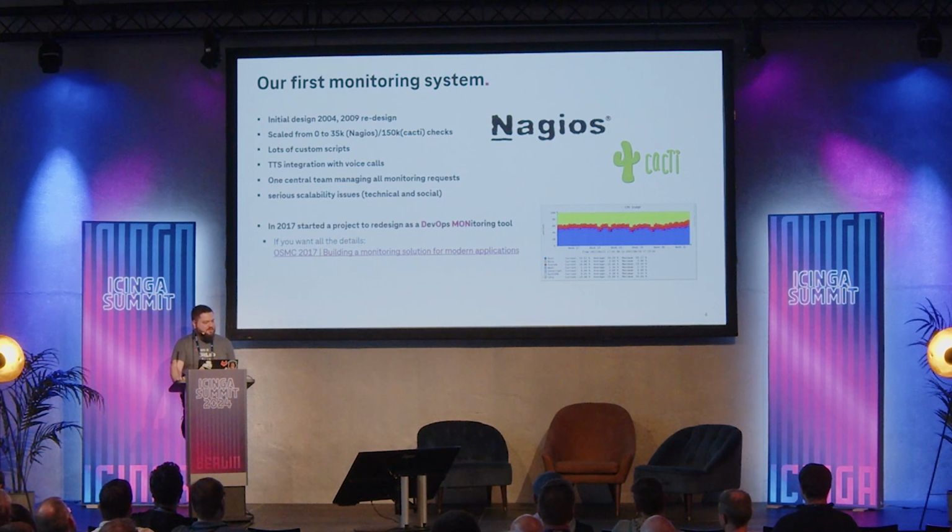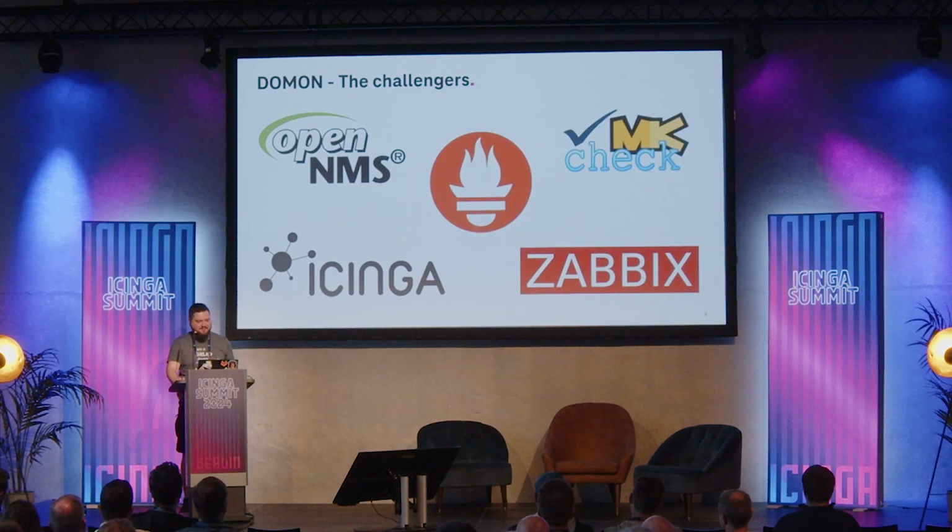So in 2017, we started a project to redesign our monitoring from the ground up with a new solution, with a new approach. And I gave a talk in OSMC, which covers all the bloody details. I'm keeping it concise here because we don't have much time. Basically, we picked out 5 promising challengers for our tool selection, which was OpenNMS, CheckMK, Prometheus, Icinga, and Zabbix.